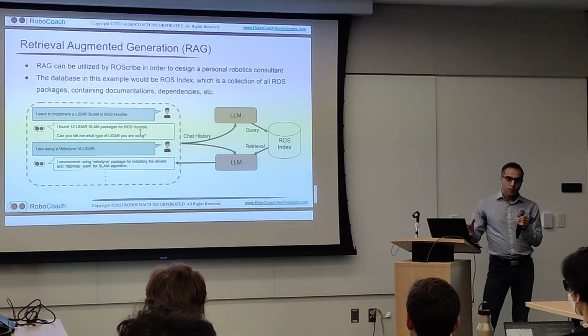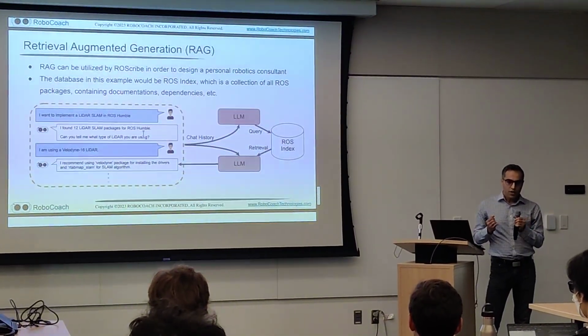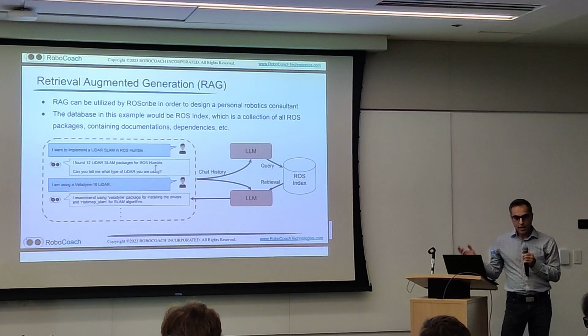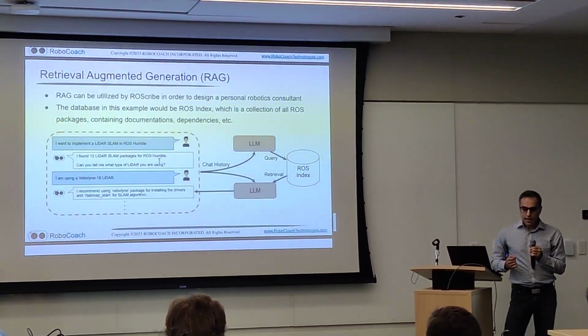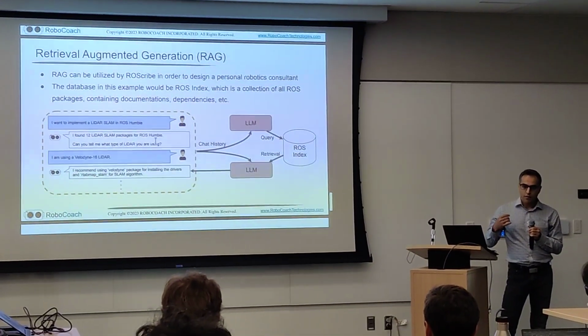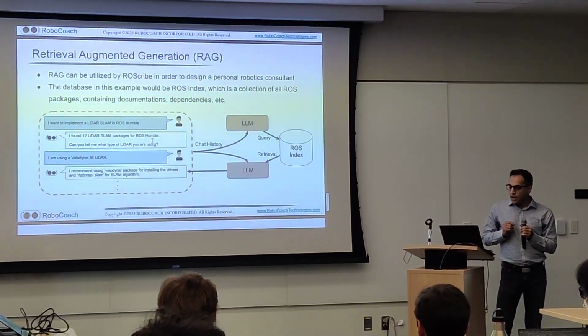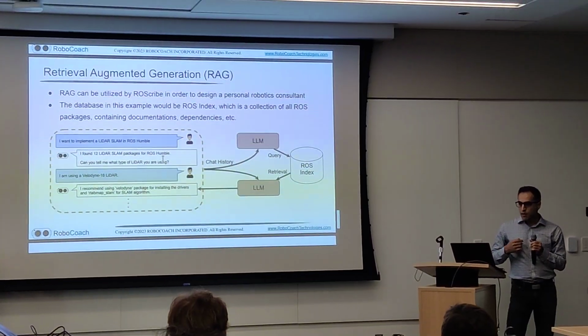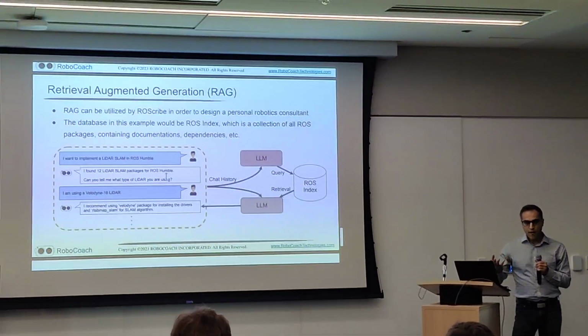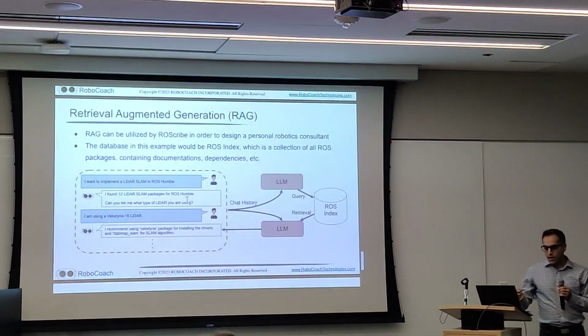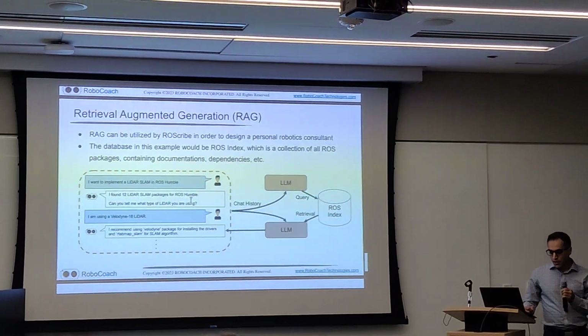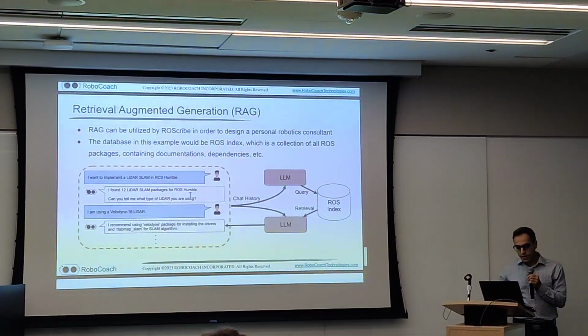So what we do is put all the information in ROS index into our LLM, meaning there is a lot of documentation and a lot of meta information. We put them in a vector database. If a user wants to implement something, you communicate to the ROScribe and say, I want to do this.